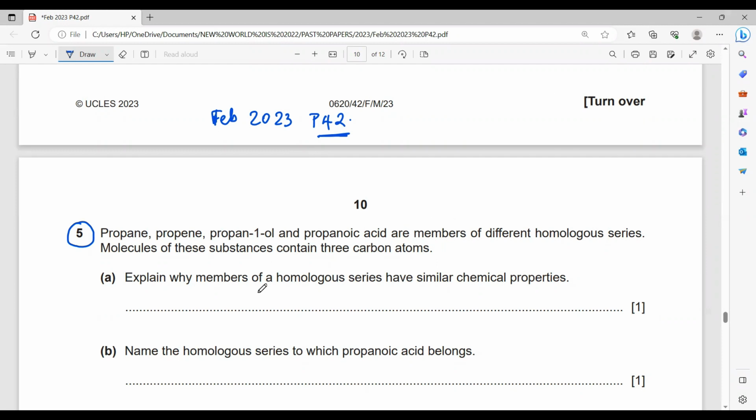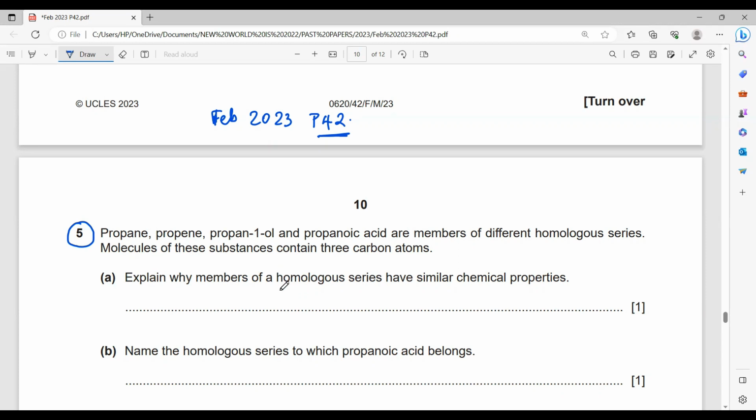A. Explain why members of a homologous series have similar chemical properties. One thing you need to know is that each homologous series has a unique functional group, and it is this group that determines the principal chemical properties of that series.